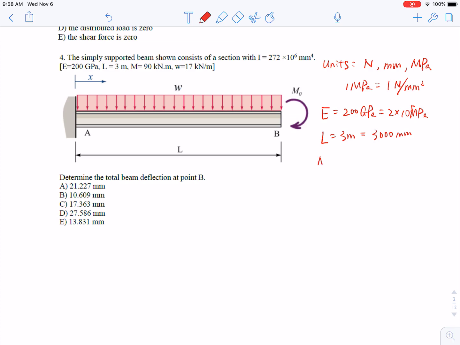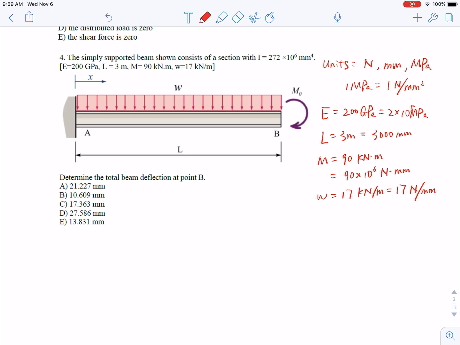And M is 90 kilonewton meter, or 90 by 10 to the 6 Newton mm, and W equals 17 kilonewton per meter, or 17 Newton per millimeter. And we just need to use those numbers to calculate this deflection.